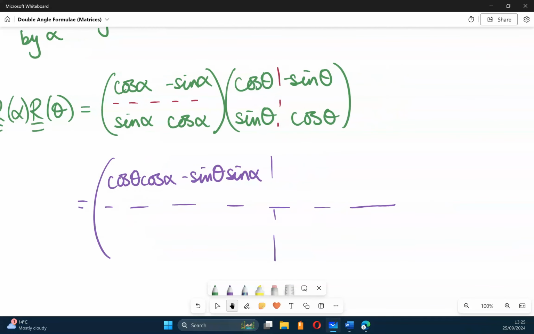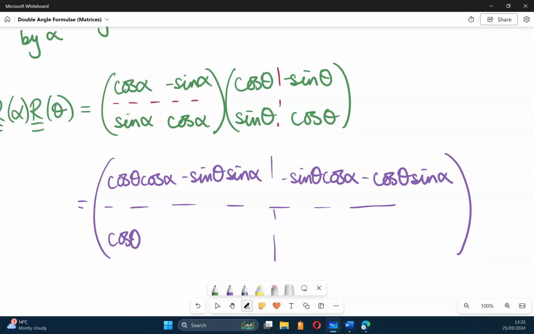Now if I wanted our first row and second column, then this is cos alpha times minus sine theta. So I'm going to write that as minus sine theta cos alpha. And then we've got minus sine alpha times the cos theta. So I'm going to write that as minus cos theta sine alpha. And then for the bottom left, so that's second row times first column. So that's going to be the cosine theta sine alpha, and then the cos alpha times sine theta, which again, I'll write in this way.